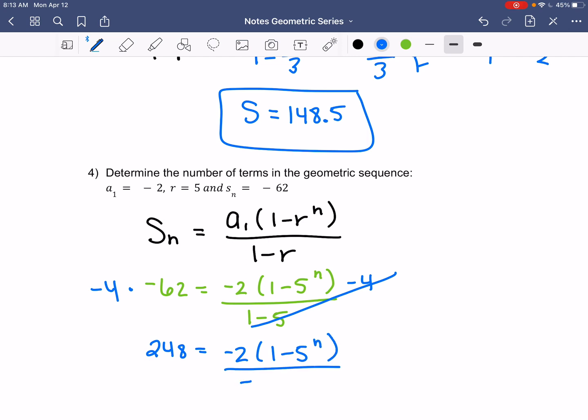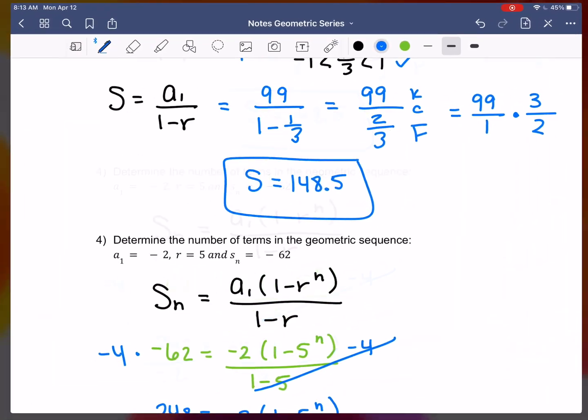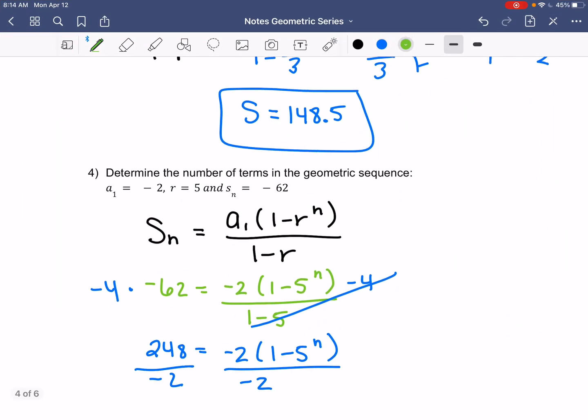I'm going to divide both sides by negative 2. 248 divided by negative 2 is negative 124. Negative 124 equals 1 minus 5 to the power of n. I'm going to subtract 1 on both sides to get negative 125 equals negative 5 to the power of n.